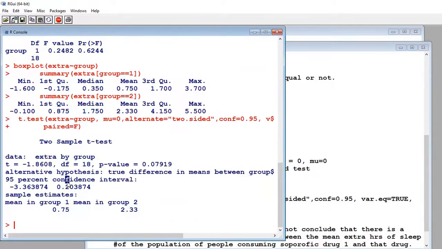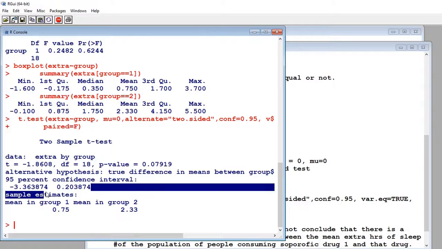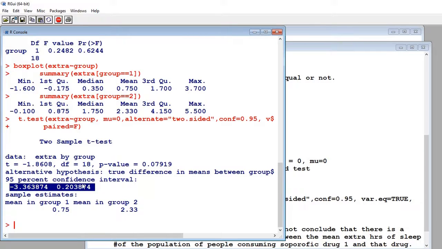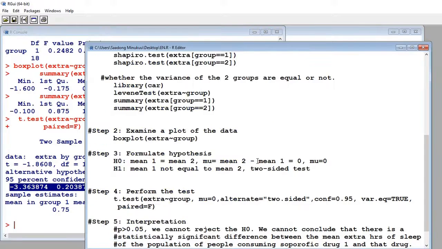Okay, now apart from the p-value, there are other interesting things that we can look at. Now we have this particular confidence interval here. The confidence interval here is actually based on a 95% confidence level. So this confidence interval is the confidence interval of the difference between M1 and M2.